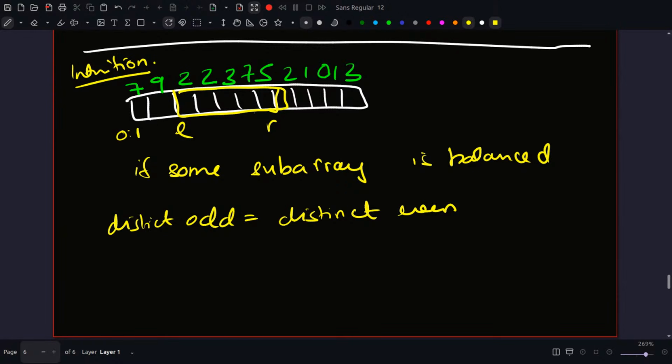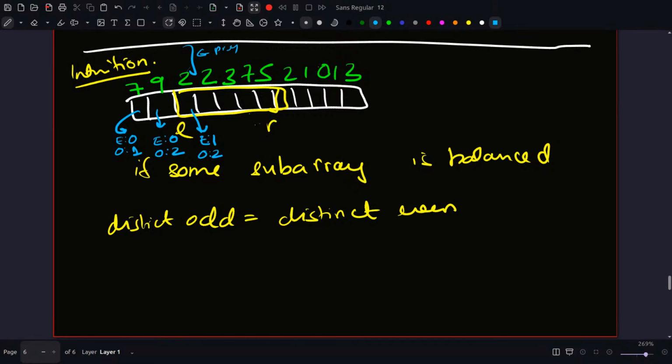So the odd count increases by 1 and the even count so far is 0. Then here the odd count has increased again, and even is still 0. Let me write in some other color because it's not very clear. Since there's a 7, the number of distinct even numbers is 0 and distinct odd numbers is 1 so far. Then here, even is 0 and odd is 2. Here, distinct even becomes 1, and odd is still 2, since we're taking prefix.